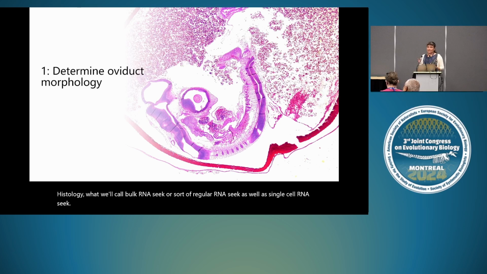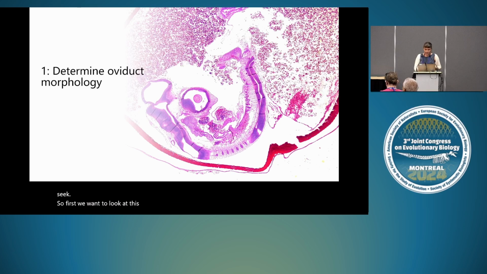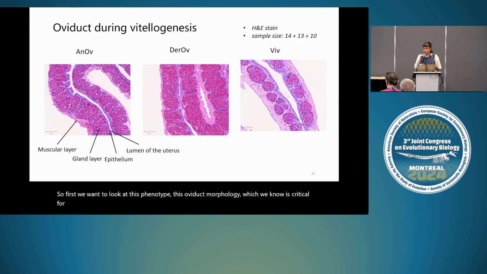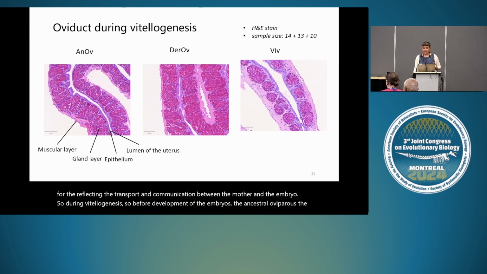So first we're going to look at this phenotype, this oviduct morphology, which we know is critical for reflecting the transport and communication between the mother and the embryo. So during vitellogenesis, so before development of the embryos, the ancestral oviparous, the derived oviparous, and the viviparous are shown here with H&E staining.